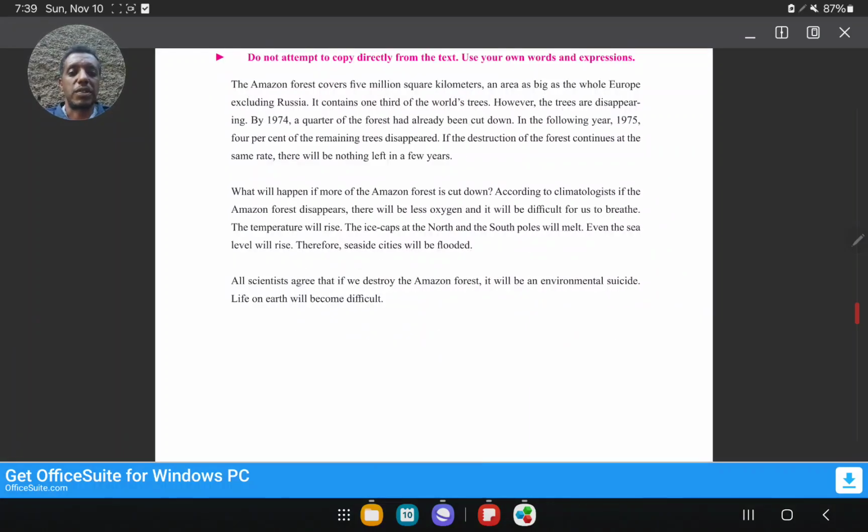So you can read the paragraph about Amazon. Let me give you my own brief on this paragraph. For example, we can say, though Amazon forest is the symbol of, or maybe important for, the whole world, it is under the threat of destruction unless we give it special focus.